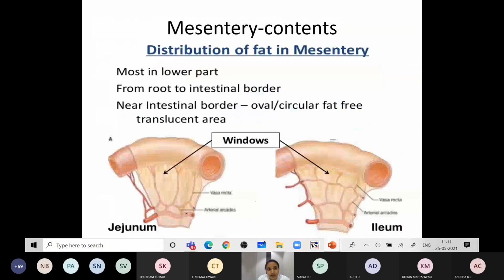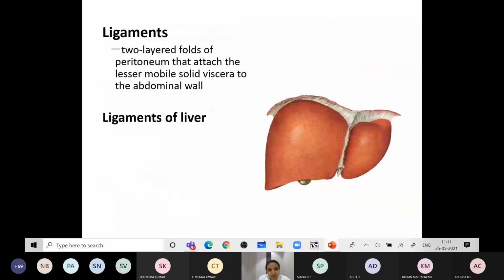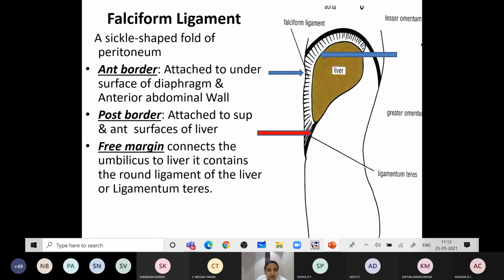Today I'm going to start with the falciform ligament. The ligaments are also two-layered folds which connect the less mobile viscera to the abdominal wall. There are different ligaments. Ligaments pertaining to the liver include the falciform ligament.